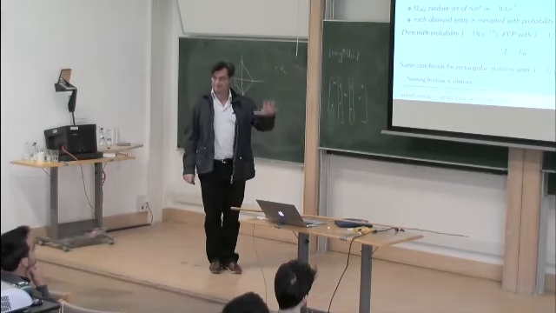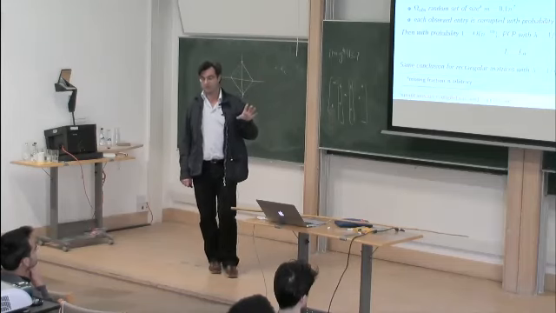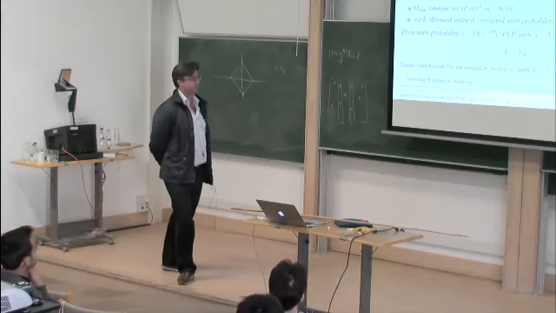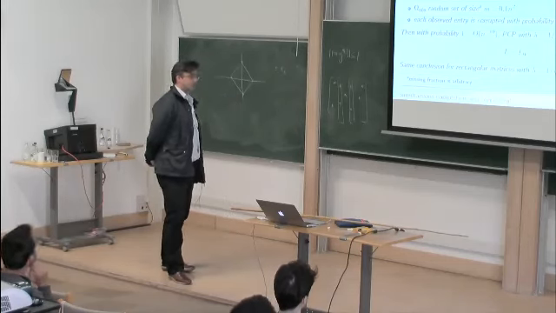So I can see very few entries of a low rank matrix, of which a significant fraction are corrupted, and I can sort things out. I can essentially complete the matrix and correct it at the same time.